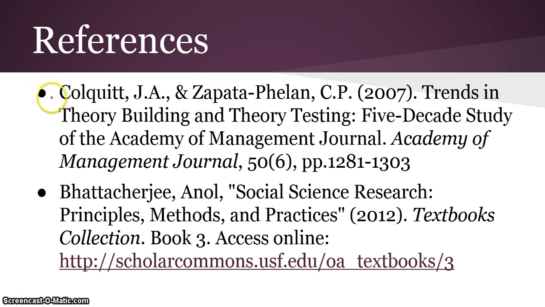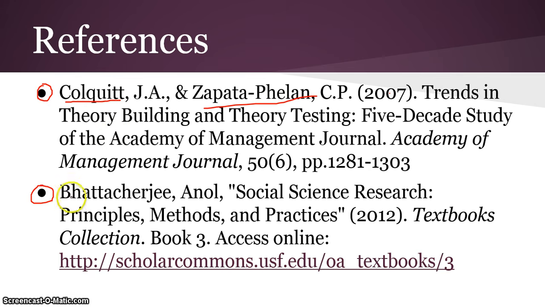I would like to point out that I'm going to be focusing on the information from two different sources. One is this Colquitt and Zapata-Phelan article from 2007. It's something that I have assigned for one of the classes that I'm teaching, the doctoral seminar, and I think it's a very good introduction to the idea of theory building and theory testing and how to look for that in the things that you're reading.